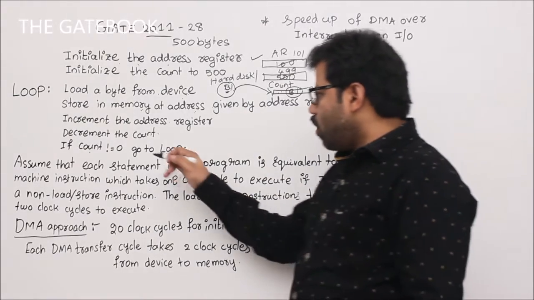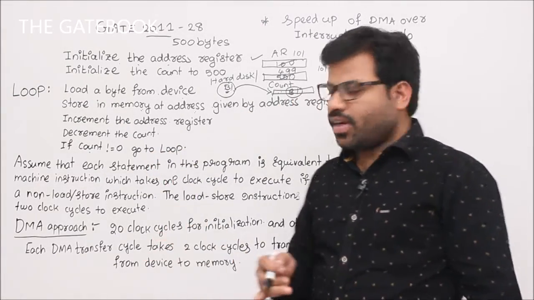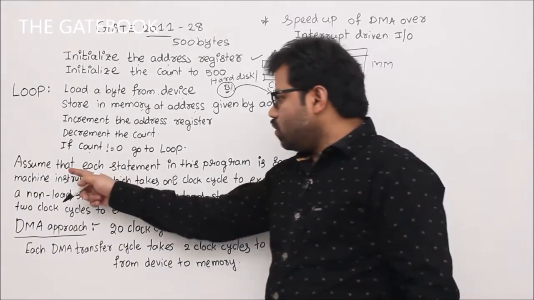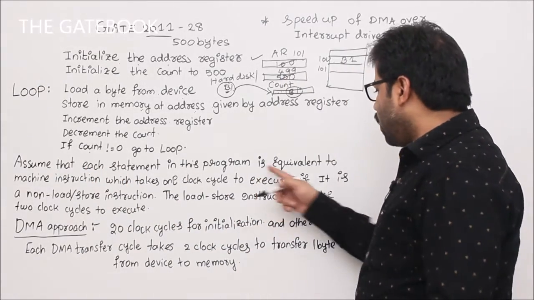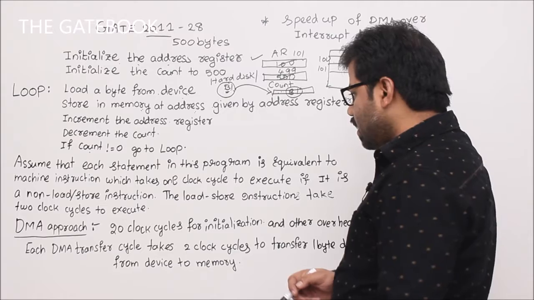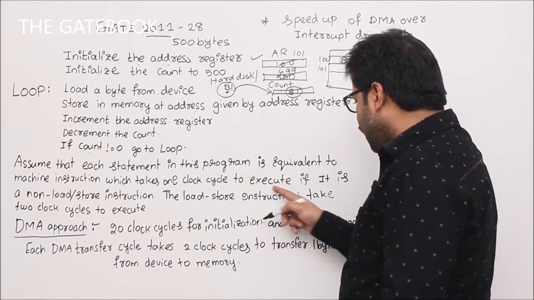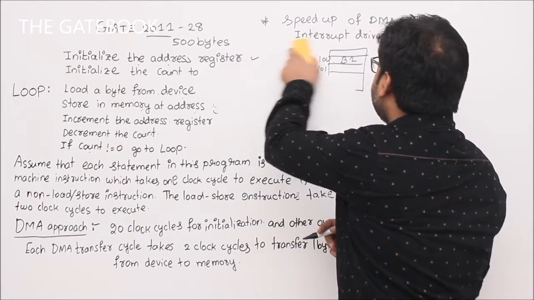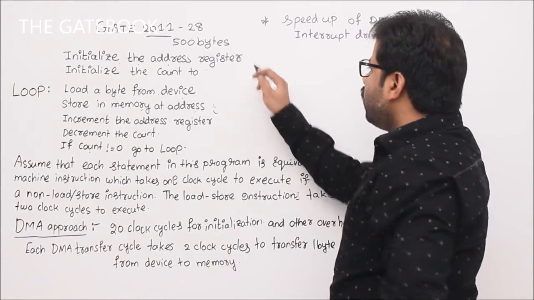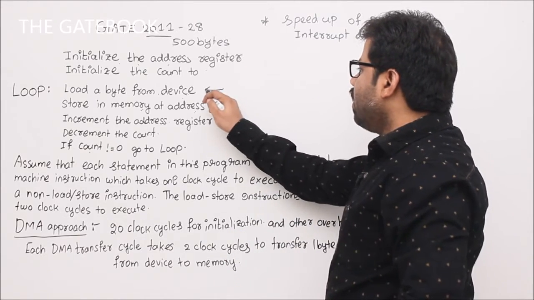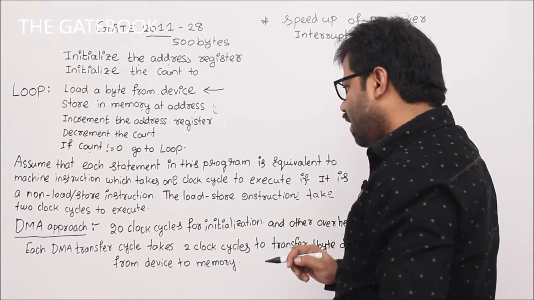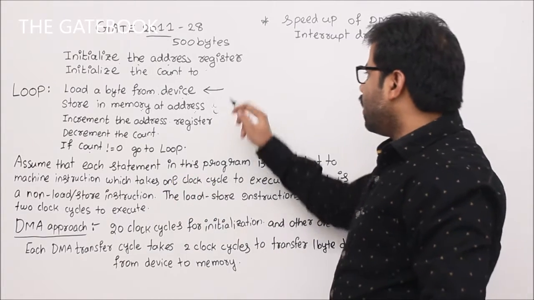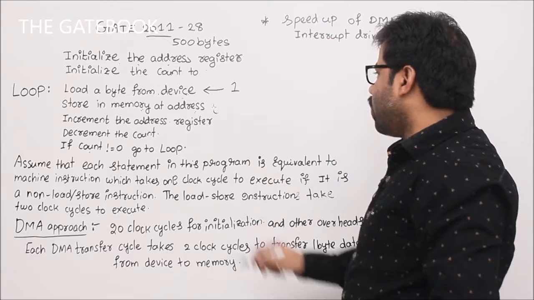Now by this time you understand how interrupt driven IO is working. Now assume that each statement in this program is equivalent to a machine instruction which takes one clock cycle to execute. They have clearly mentioned that each instruction takes exactly one clock cycle. So let me count the number of clock cycles.